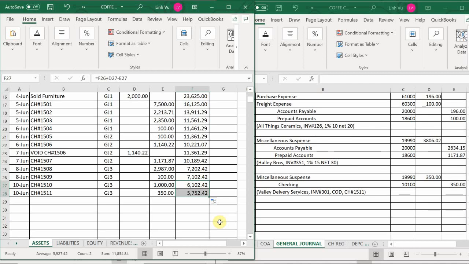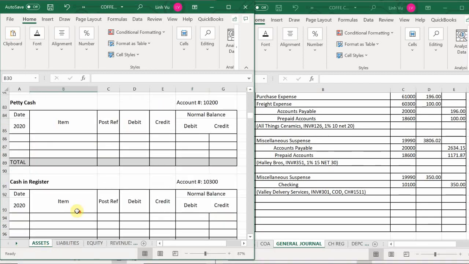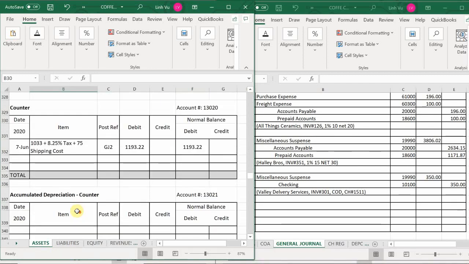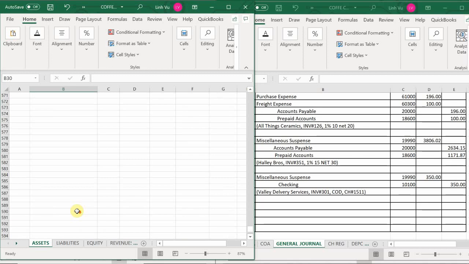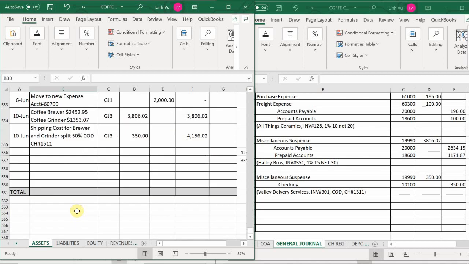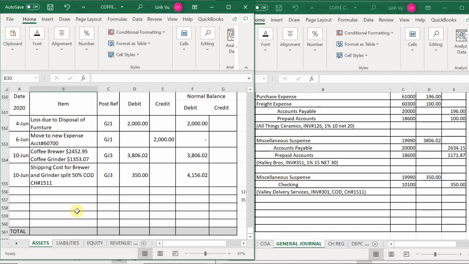Can you go back one second to your miscellaneous account, please? I missed the number. How did we figure out the 4,000? We just added the 308 plus the 350? Mm-hmm. Okay, thank you.